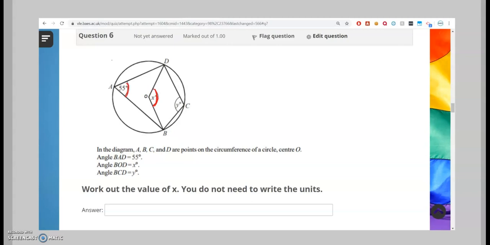So based on the circle theorems, this is one of them, which says that angle at the center is twice the angle at the circumference. So this is going to be 110 degrees. So we don't need to write the degrees, just the number 110, as we're told that here.